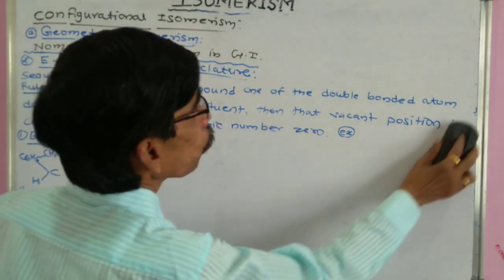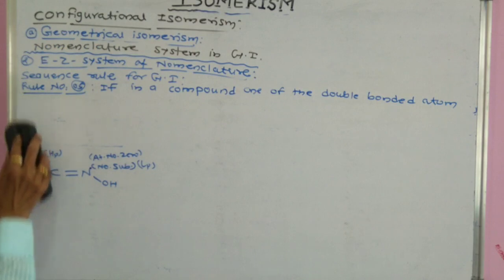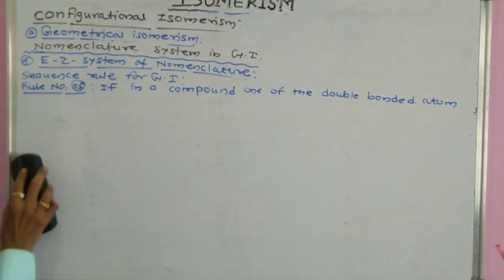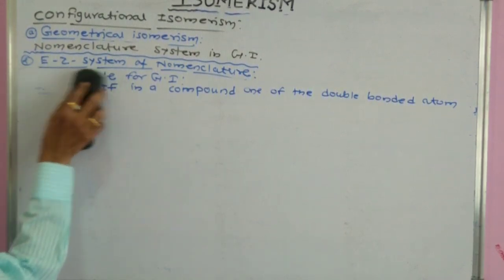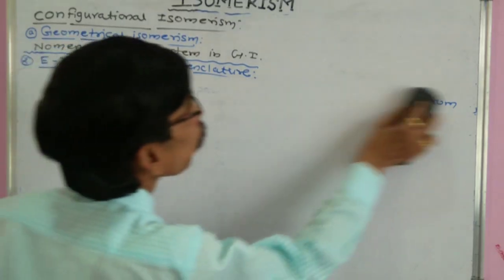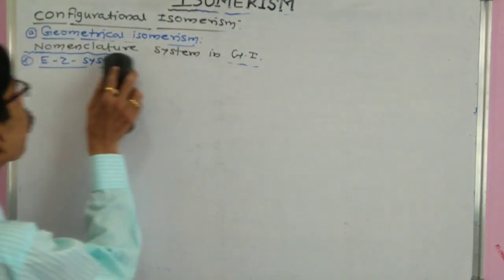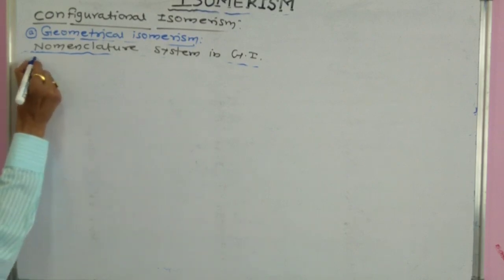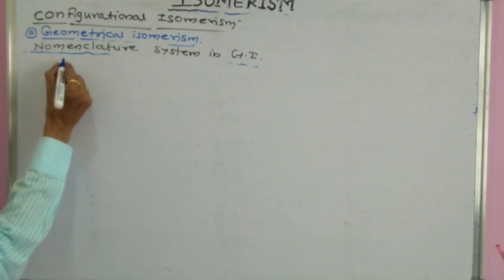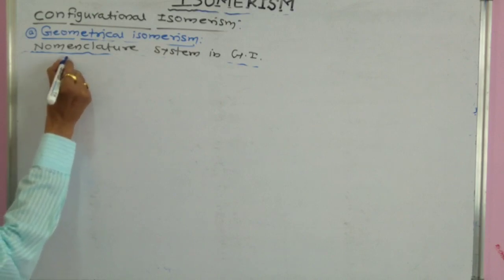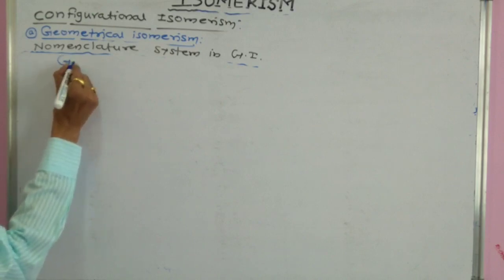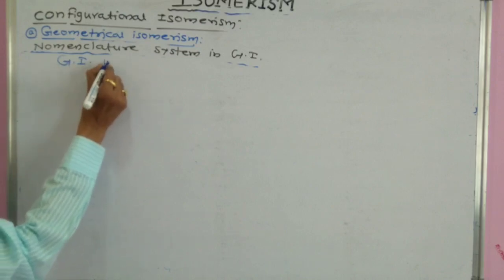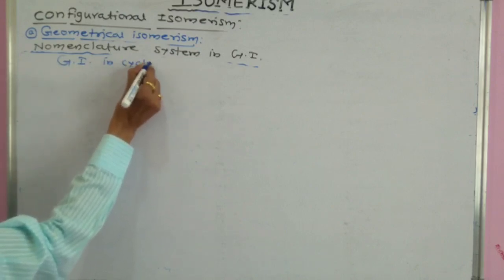Now the geometrical isomerism, apart from the E-Z system, is geometrical isomerism in cycloalkanes.